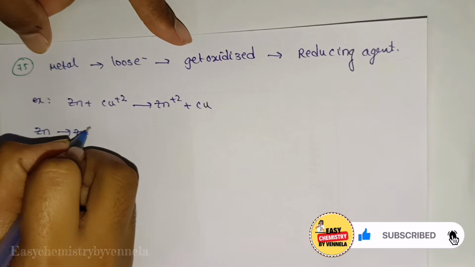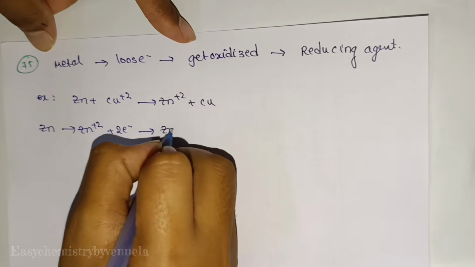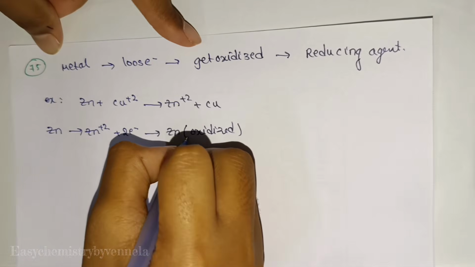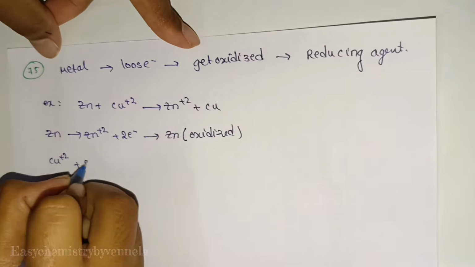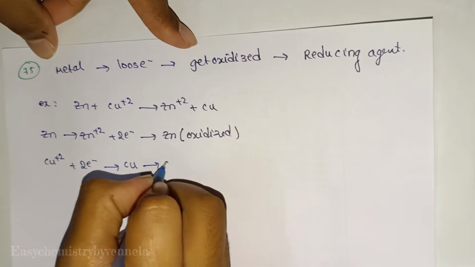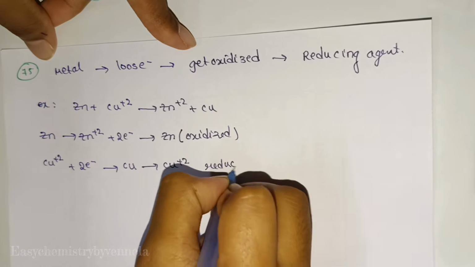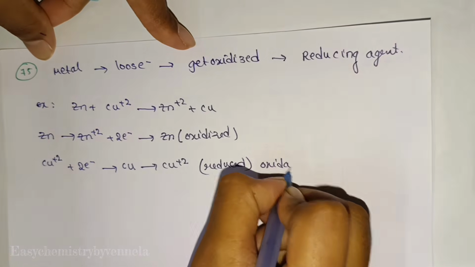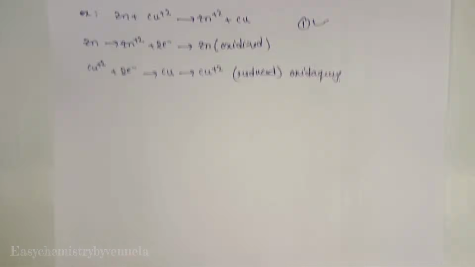Here zinc, that is Zn, gives Zn2 plus plus 2 electrons. Zinc is oxidized, so it acts as a reducing agent. Next, copper Cu2 plus plus 2 electrons gives copper. Cu2 plus is reduced, so it acts as an oxidizing agent. So the correct option is the first one.